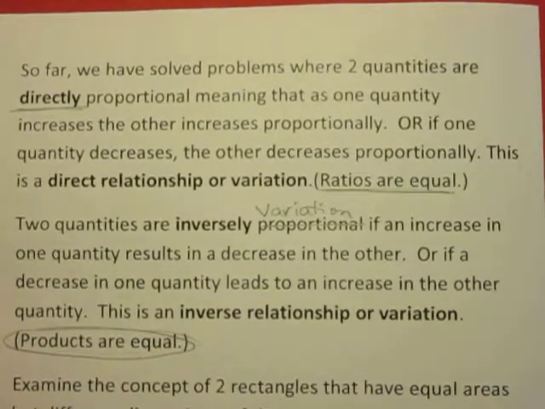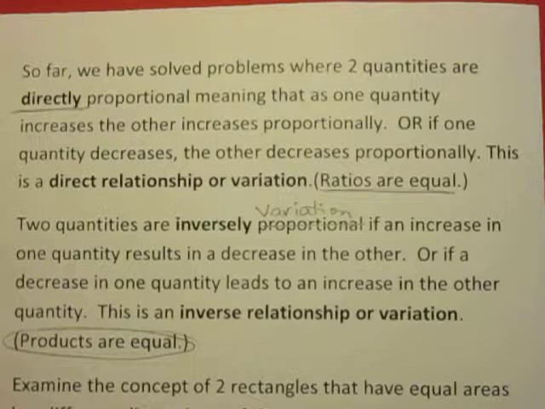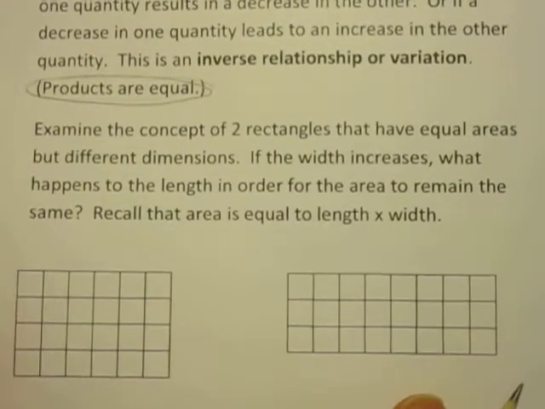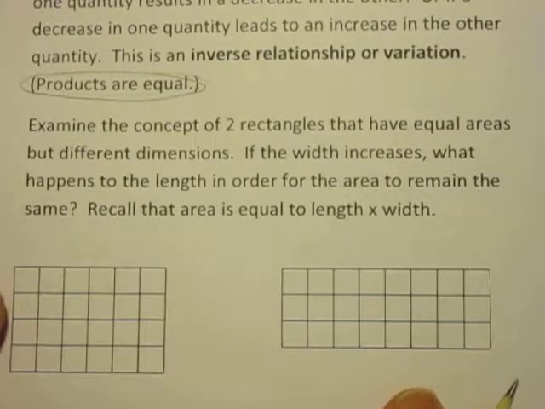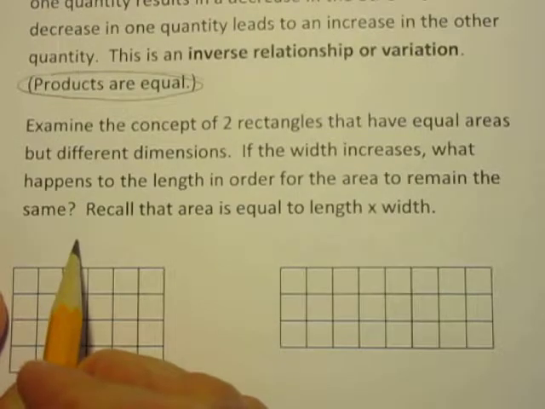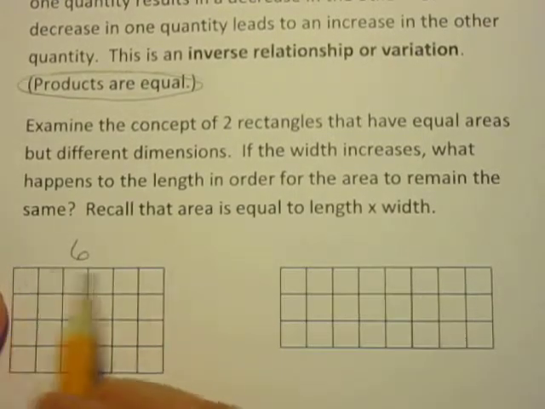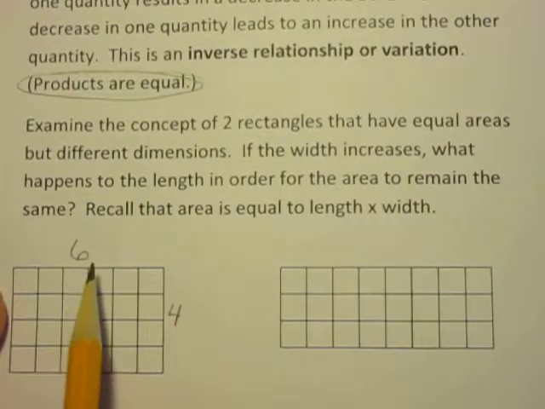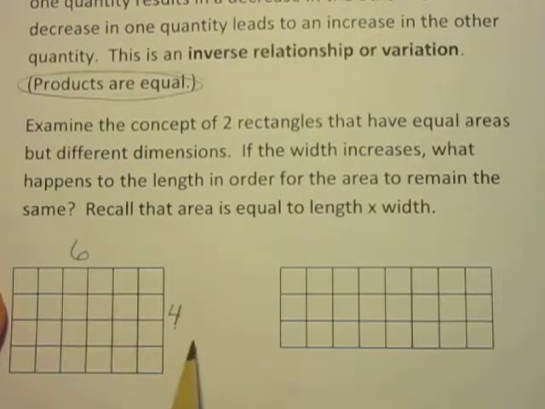The best way that I think I can show that to you, where you can really visually see it, is to look at the area of two rectangles. So I drew two rectangles here with their units. In this first rectangle, we have a length of 6 units across here and a width of 4 units. And we know that to find the area of any rectangle, we take length times width.